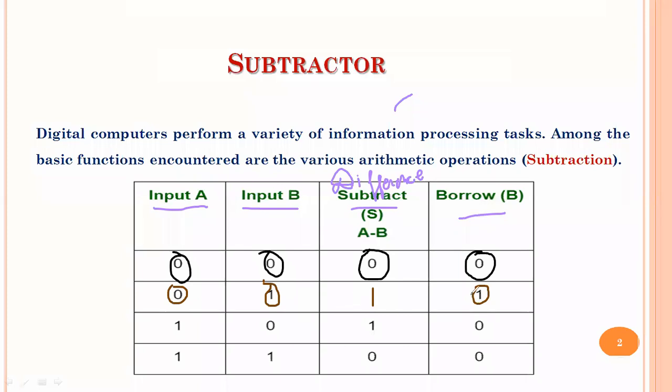So that is why difference is 1 and borrow is 1. In A1 B0, difference is 1, borrow is 0, and similarly in 1 and 1, difference is 0, borrow is also 0. Clear with this?